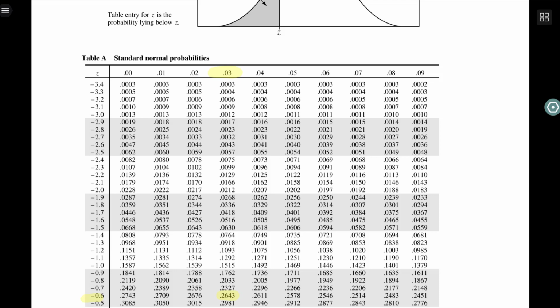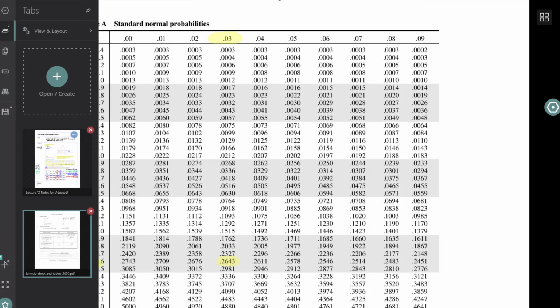Again, you always maybe wondered, why am I always rounding my proportions to 4 decimals? This is why. We use NormCDF a ton, and we use the z-table a ton, and the z-table consistently will round things to 4 decimal places. That's about the consistent level of precision. So 0.2643 is that area to the left of the curve.